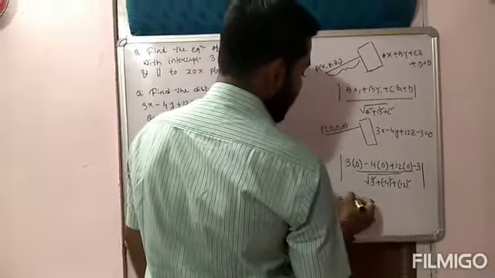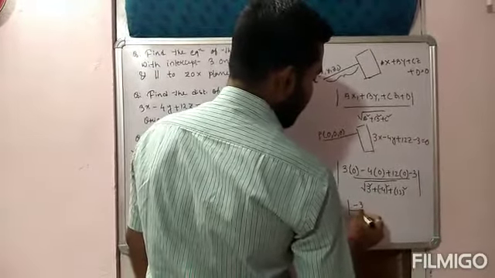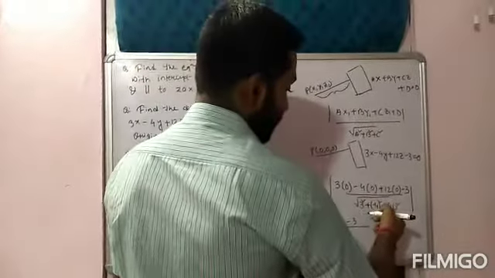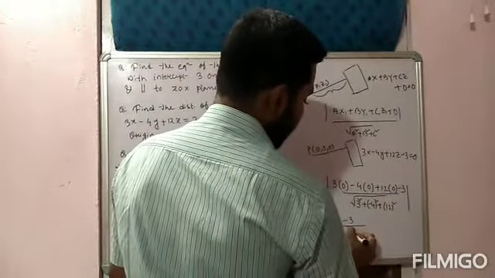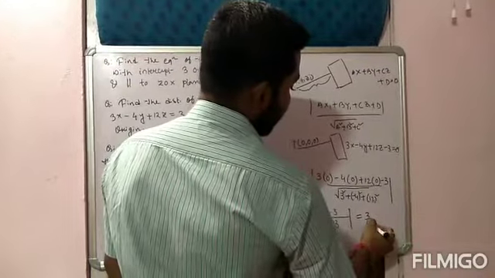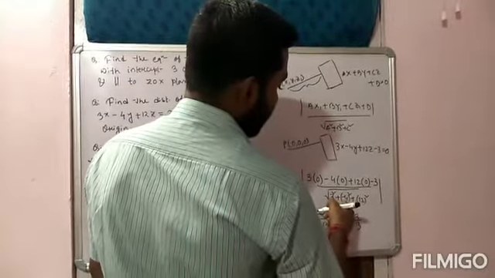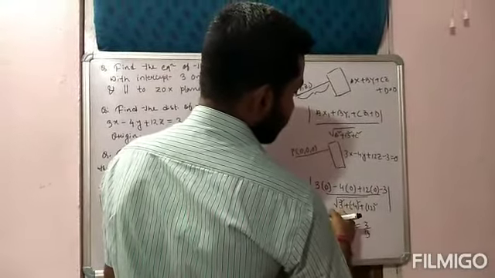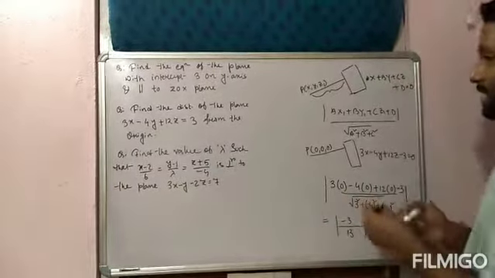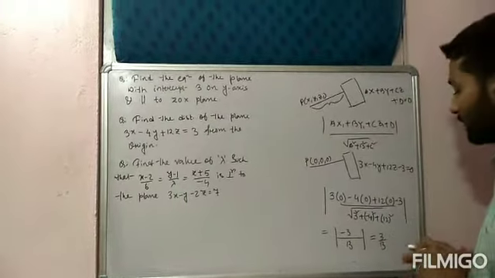Okay, so this is equal to modulus of minus 3 by under root 9 plus 16 plus 144, which is 169, so 13. So minus 3 by 13, this will be 3 by 13 only. So the required distance of the plane from the origin is 3 by 13.